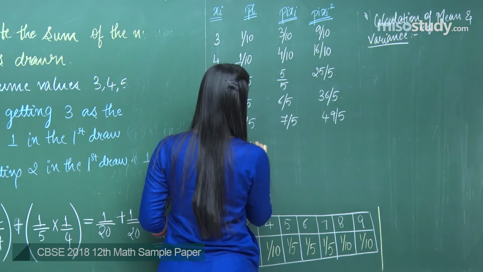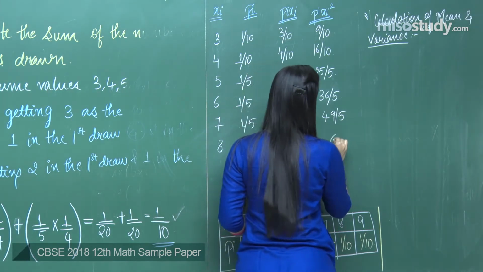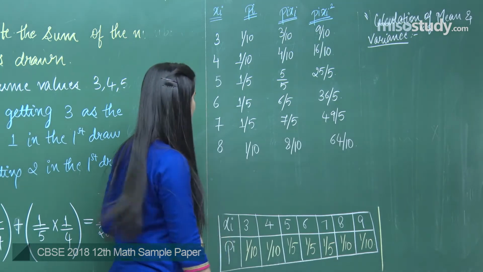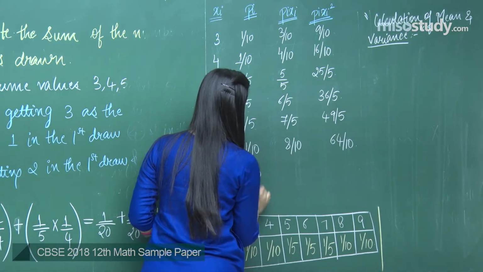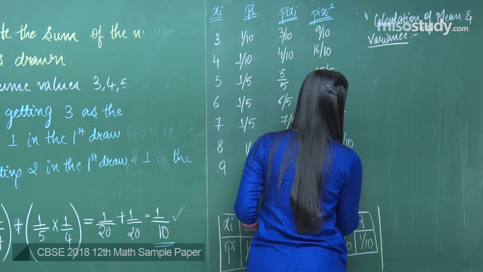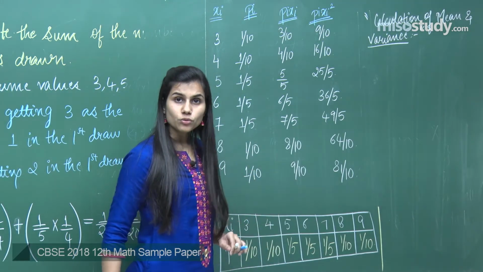This is 1 by 10. This brings with you 8 by 10 and here you have 64 by 10. Here you have 9. For 9 again you have 1 by 10. This is 9 by 10 and here you have 81 by 10. That is what you do.